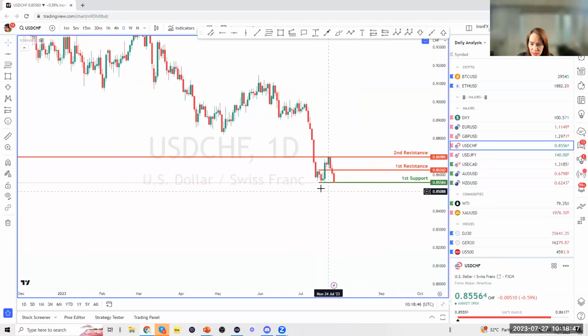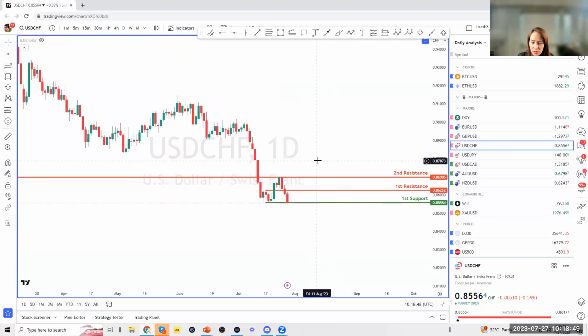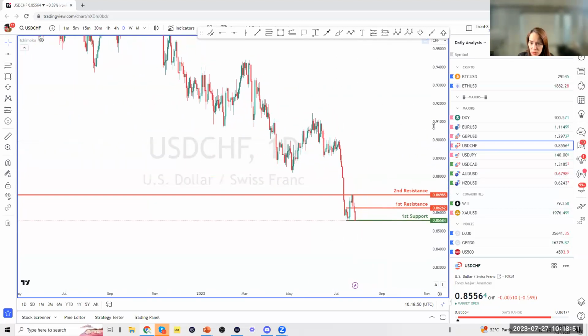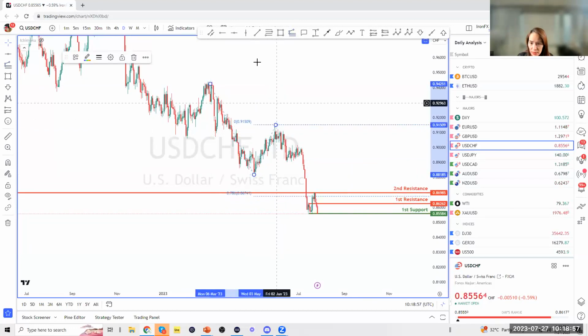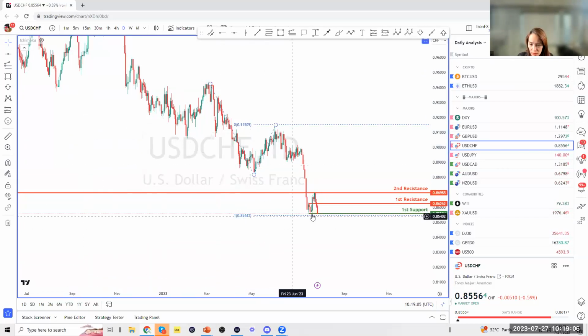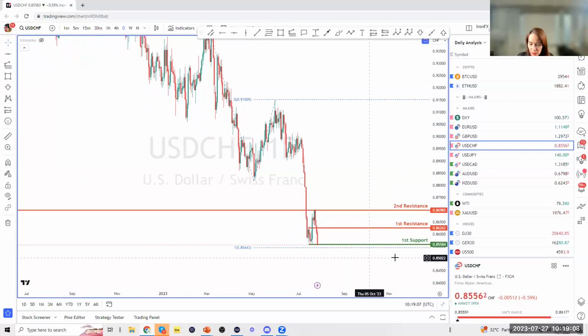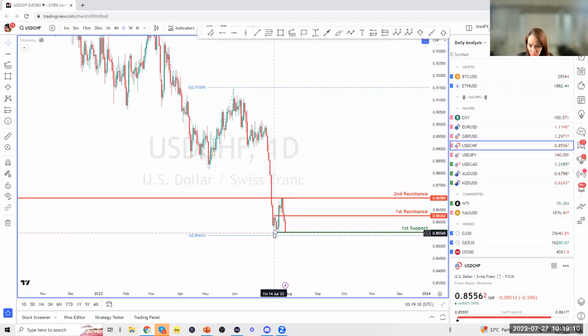So we have to watch out at this level, because now price is all the way down, and if I were to use Fibonacci to help me find levels in the daily time frame, now we have a 100% projection. Okay, so this is the level that you might have to watch out for.